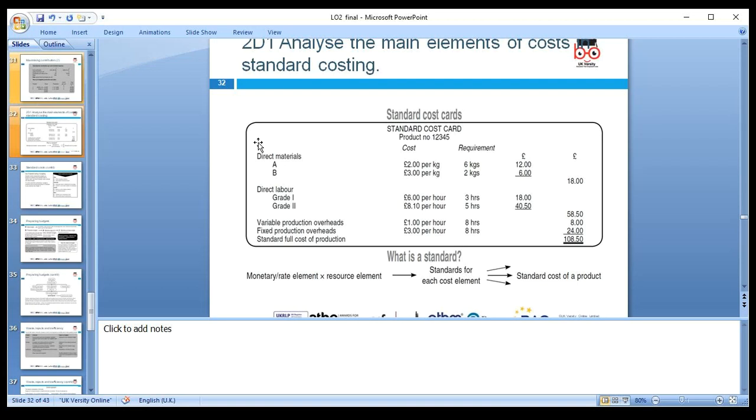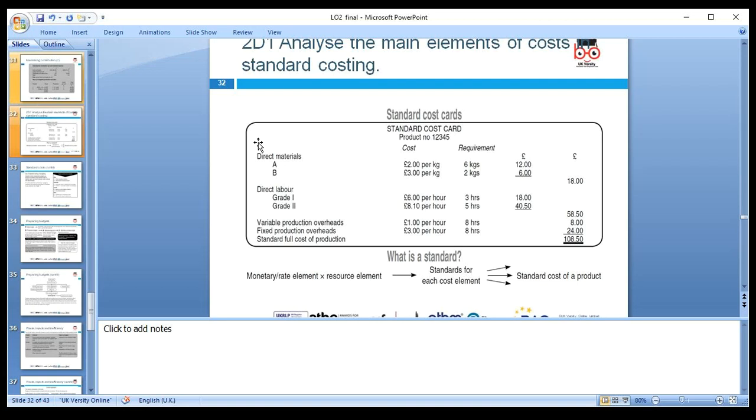And we can say what will be the overall standard cost to make 1 unit, including fixed, variable, everything. So this we can multiply and then top up with markup and margin, how much we want. 30%, 40%, whatever. Monetary rate and resources.